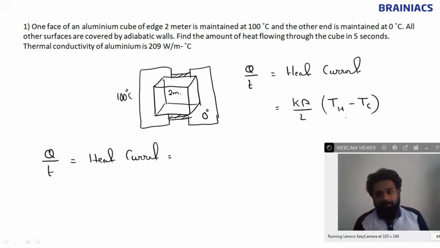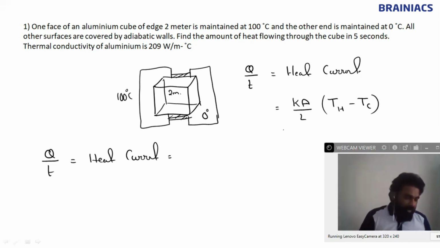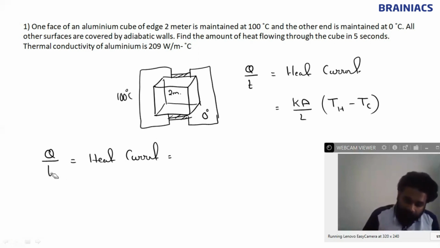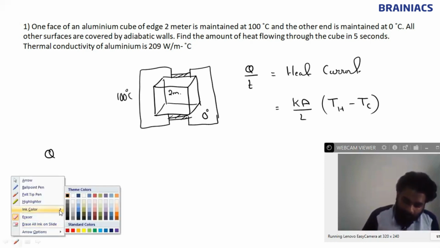K is thermal conductivity, A is area, and L is the length of the conductor. So Q by T is this. Now actually we need to find the amount of heat flowing, which is Q.